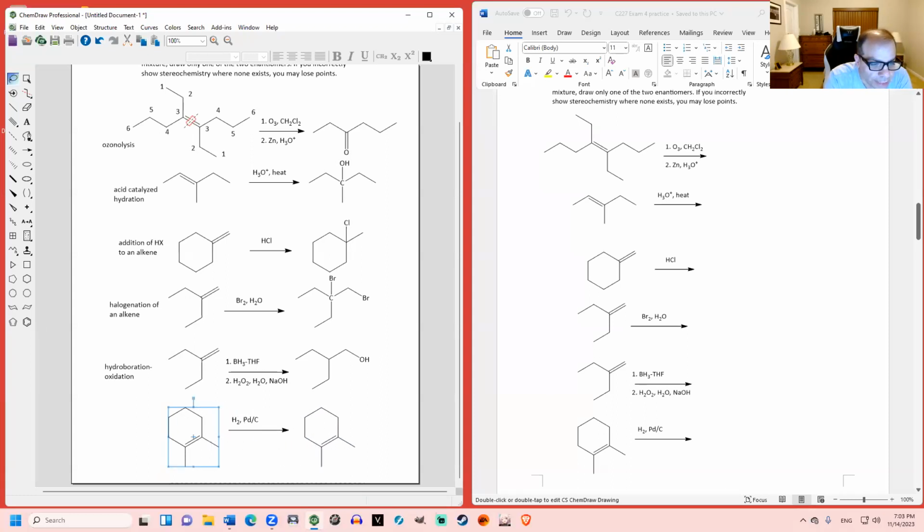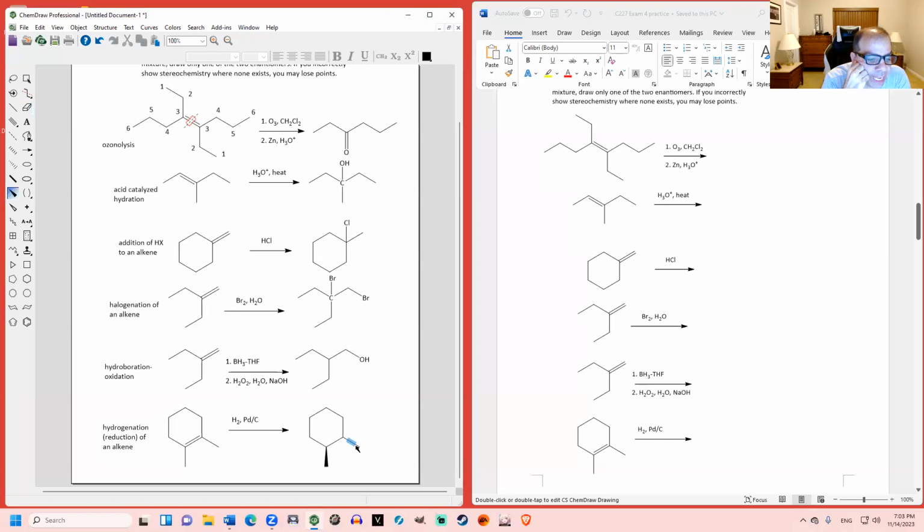And last but not least, we have hydrogenation of an alkene, or reduction of an alkene. And hydrogen, H2, adds across that double bond.